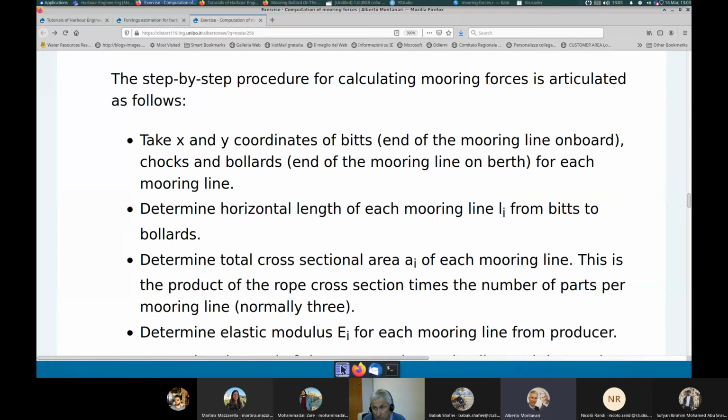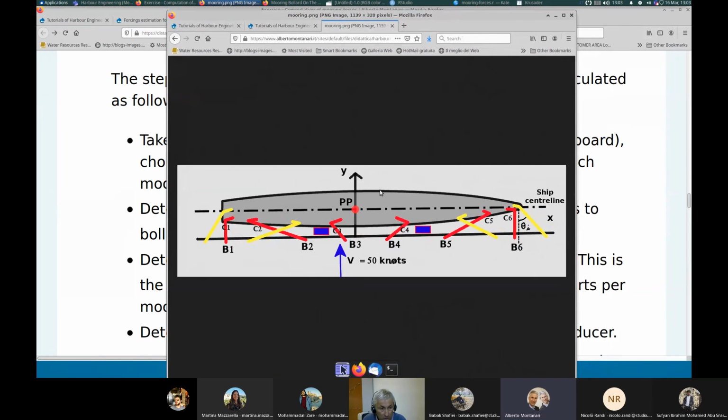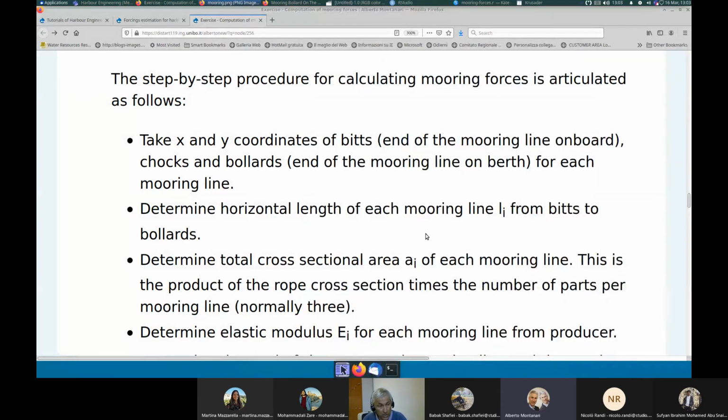You have a situation where you have a ship that is moored in this way, and you have a wind pressure acting along the y-axis, which is to be decomposed along 6 elastic mooring lines. So the theory behind it, we are not going to repeat. Again, it belongs to the domain of structural mechanics. We don't want to repeat it. I just want to give you a summary of what we need to do.